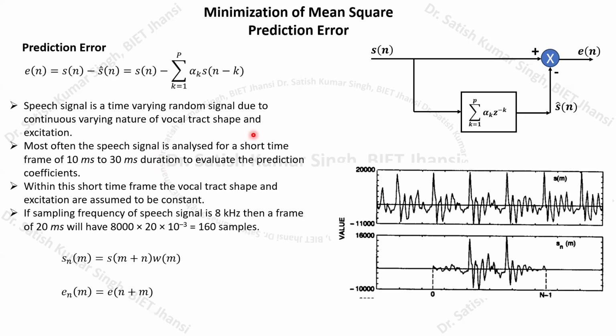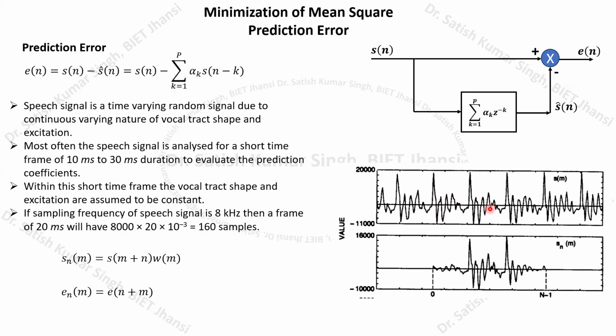Whenever we are recording the speech signal, we have to go for sampling. Suppose the sampling frequency is 8 kilohertz, and we choose a 20 millisecond frame. This 20 millisecond frame corresponds to 160 samples. So we take 160 samples as one frame, the next 160 samples as the second frame, and so on.